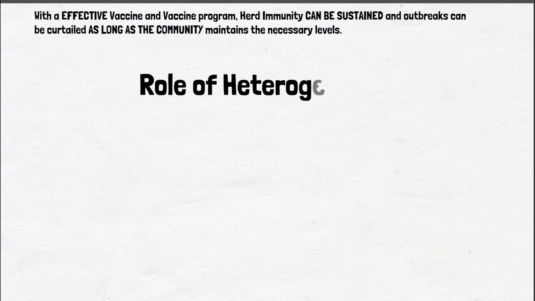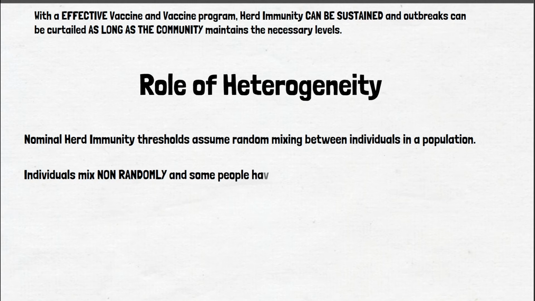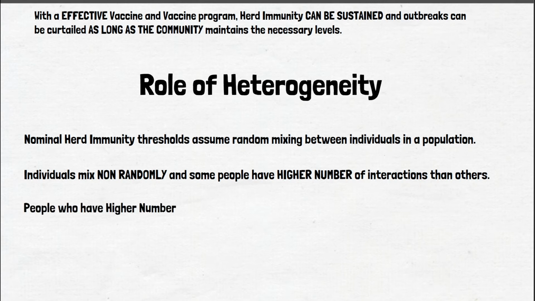Now we go on to the role of heterogeneity. Nominal herd immunity thresholds assume random mixing between individuals in a population. Unfortunately, daily life is more complicated. Some individuals mix around randomly, and some individuals have a higher number of interactions than others.